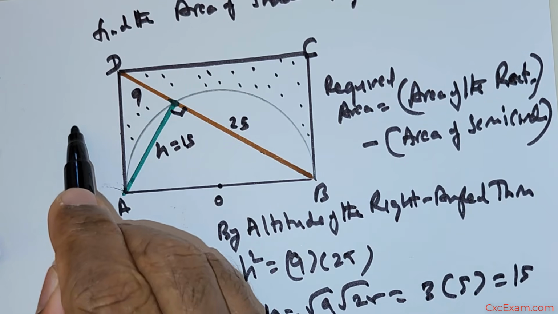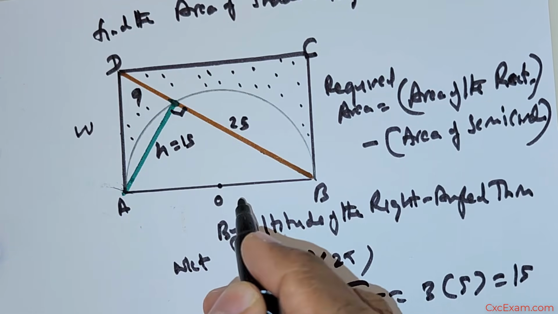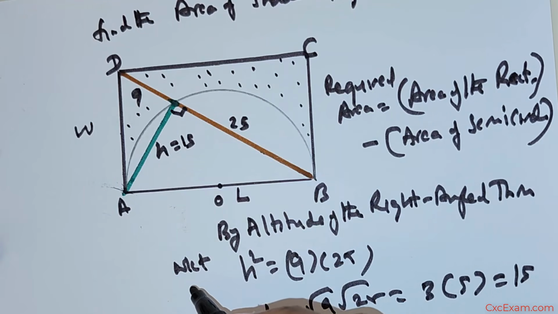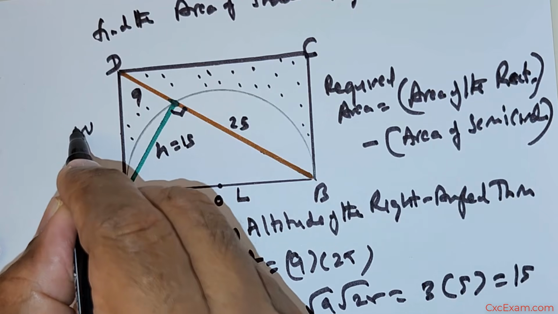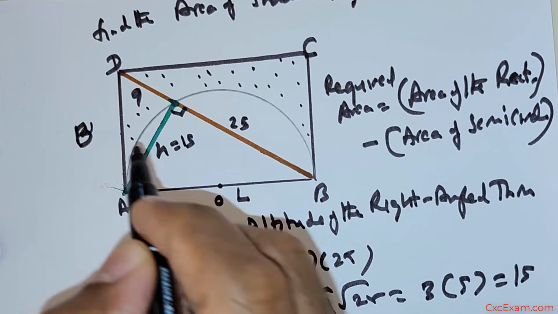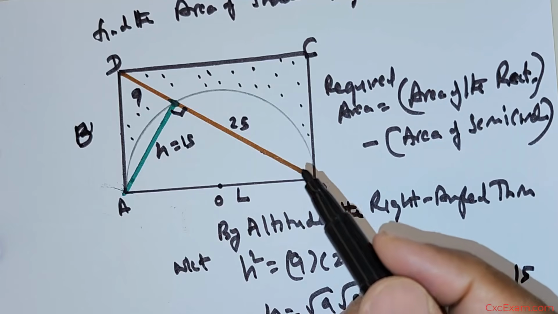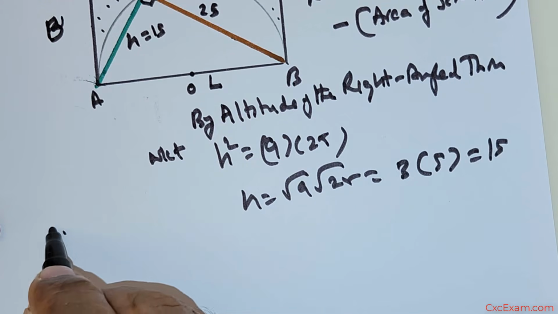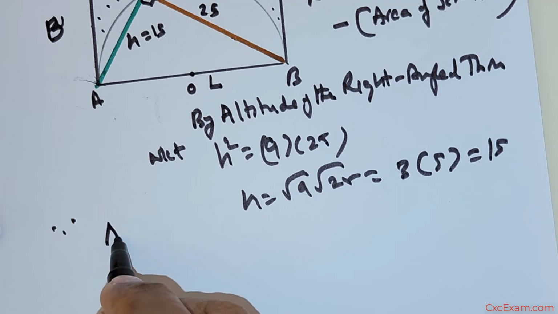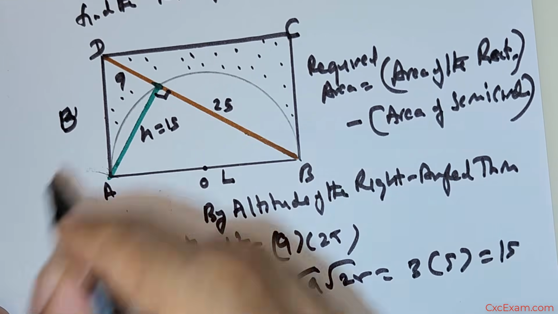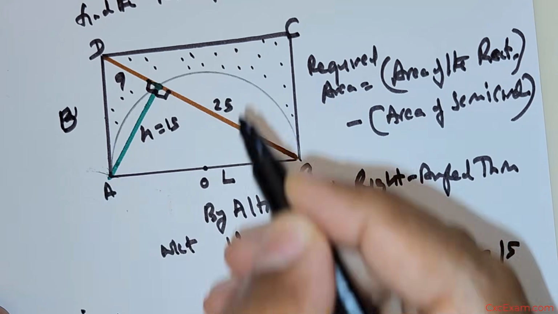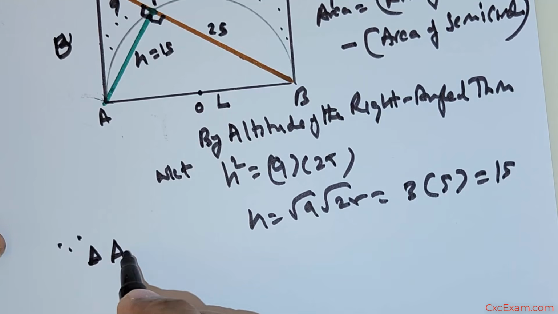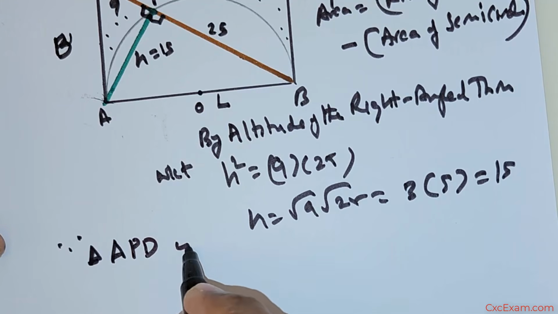I'm going to take this AB as length L, and the breadth I'll take as capital B. Now B has to be evaluated. Since this angle is also going to be 90, I will take it as some P. Triangle APD is right angled.